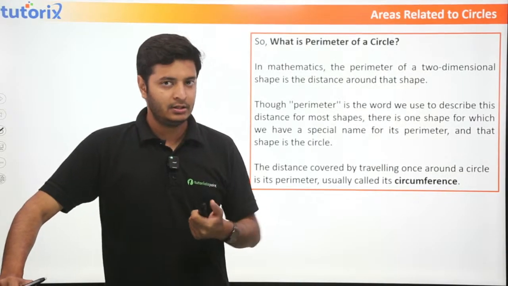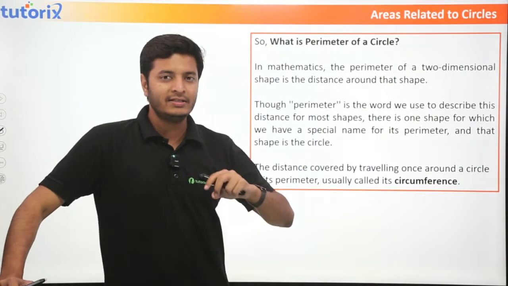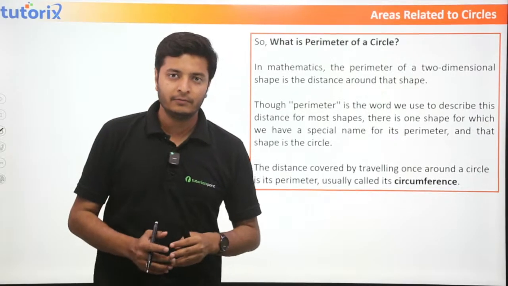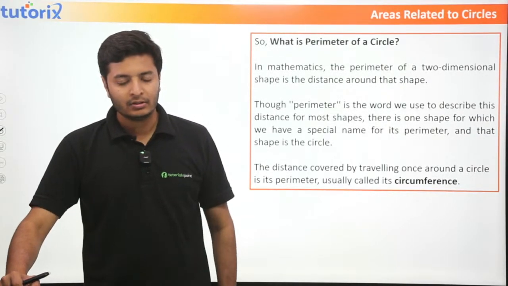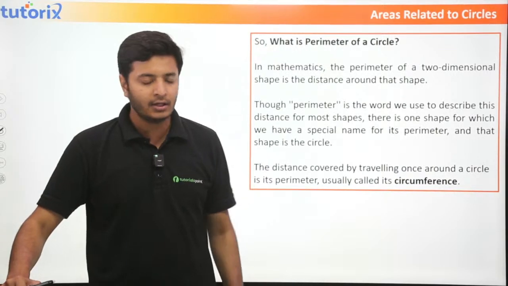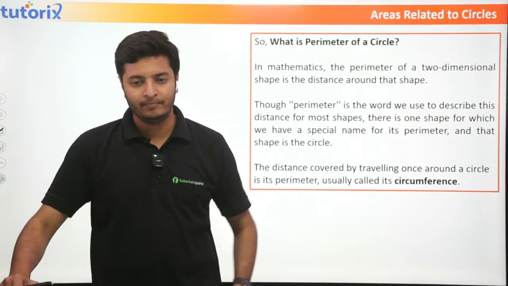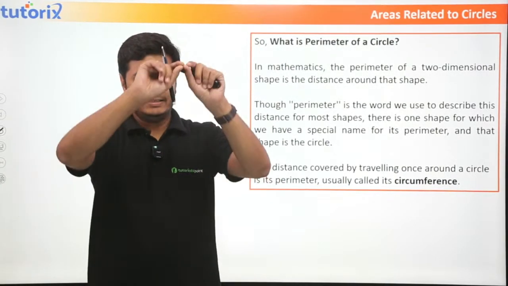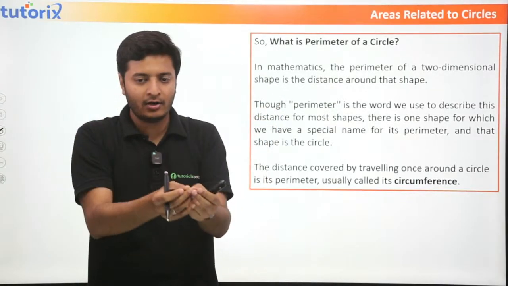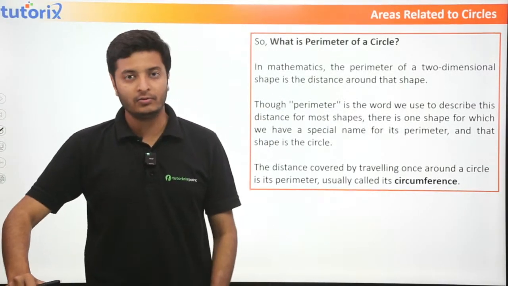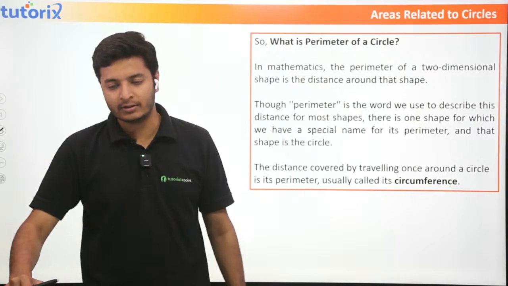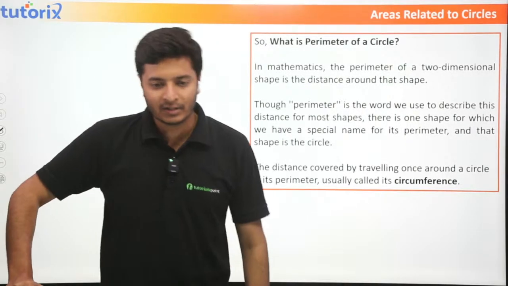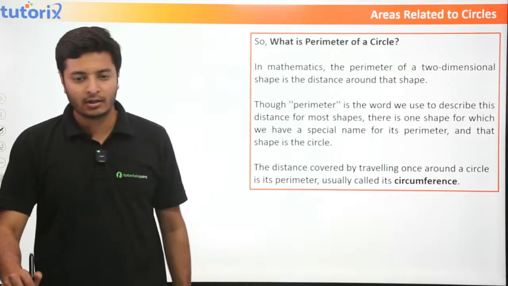Now, in case of circles, what is the perimeter? We do have a different name for perimeter in case of circle. Usually we are going to call it circumference. So the distance around the circular shape is known as the perimeter of that shape. Also you can call it circumference. It is the distance covered by traveling one round around a circle.